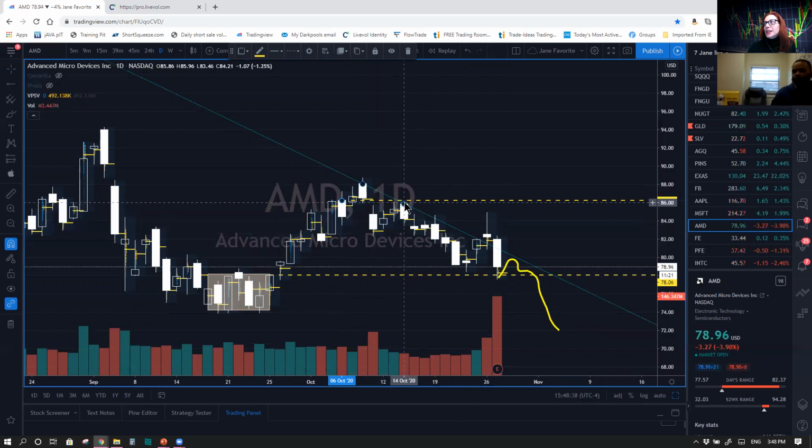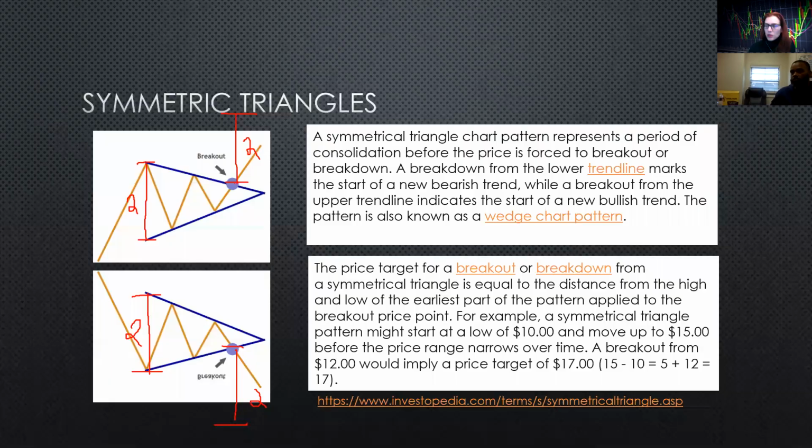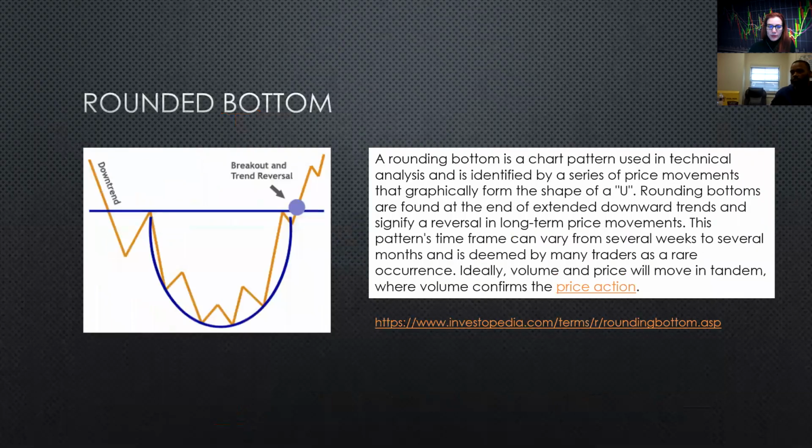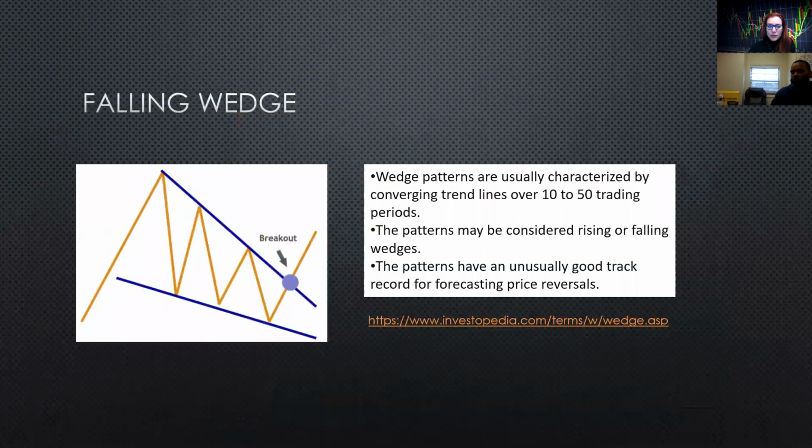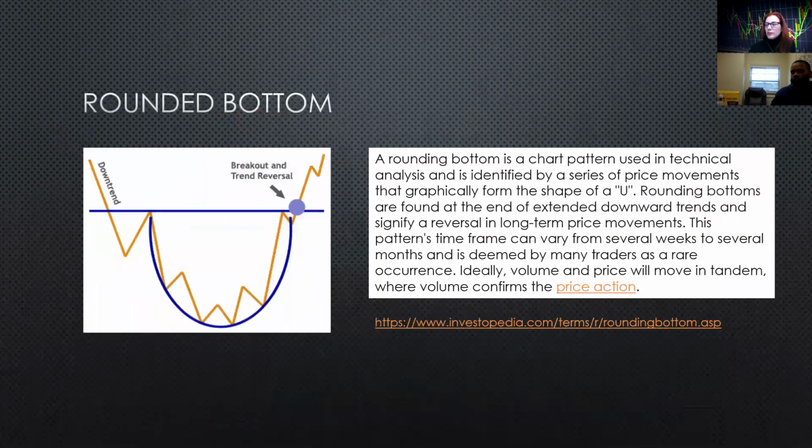Came up, tested it first, test up here almost at 86.20. Then we came down to the $83 mark, and it bounced up a little bit back up to the trend line. So pretty much that descending triangle, which is coming up.